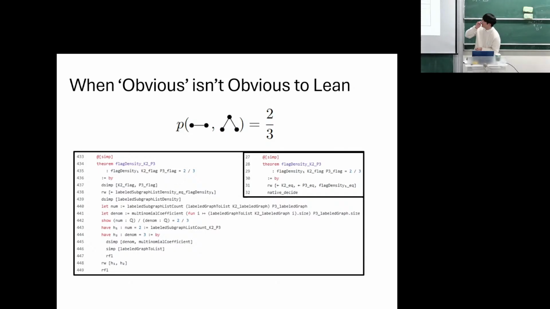Yeah, actually when we do the formalization, we use a lot of assistance from AI, like Gemini, GPT, and Copilot. How do you use it? We just ask them, I want to prove this statement in Lean. How can I write the code?